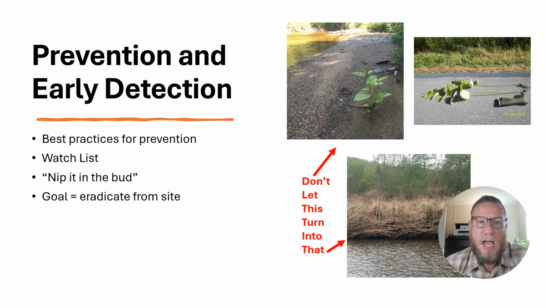So these plants can have roots and shoots that they can shoot out from their nodes and root when they come in contact with soil or water. That's what happened here. And you really want to catch that early, because if you don't, it can really turn into just taking over the whole bank. I'm sure we've all seen it, where there's just acres and acres of Japanese knotweed. So the goal is to eradicate it early and nip it in the bud.